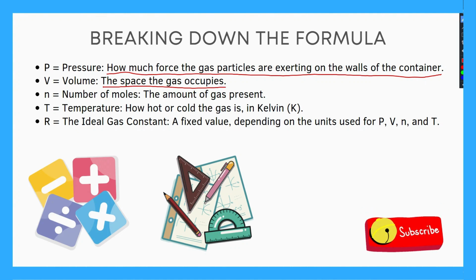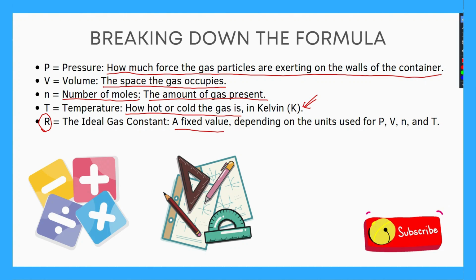Remember, matter is anything that has weight and can occupy space. The space in this context is referred to as the volume of the gas. And then n stands for the number of moles, which refers to the amount of the gas present. T stands for temperature, and temperature refers to how hot or cold the gas is, and it is measured in Kelvin. And then finally, R stands for the ideal gas constant.